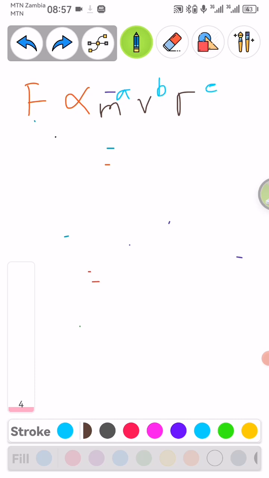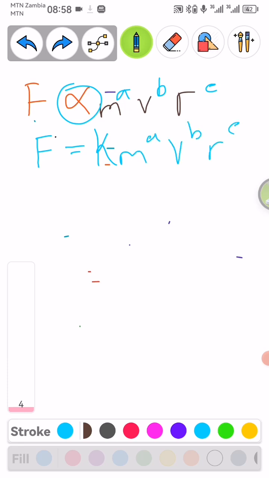Is it a direct relationship or an inverse one? So we form an equation: F is equal to, when this changes into an equal sign, you add a constant k, then m to the power a, v to the power b, and r to the power c.